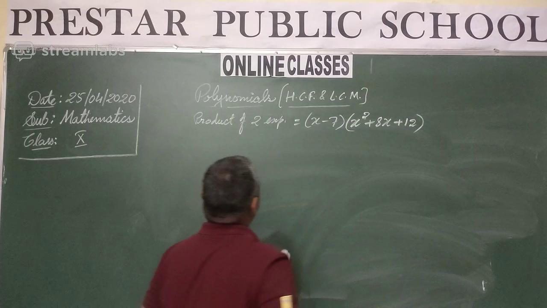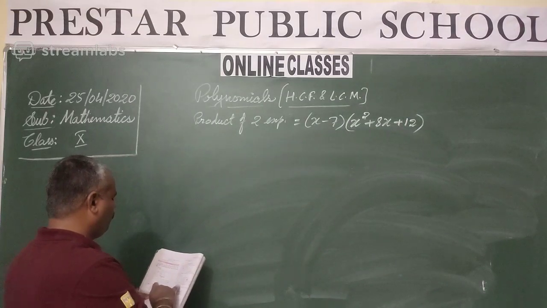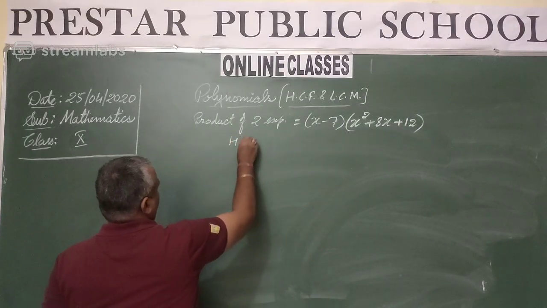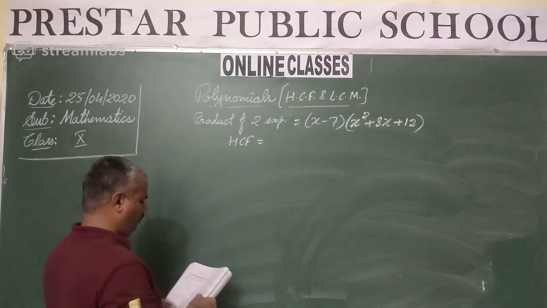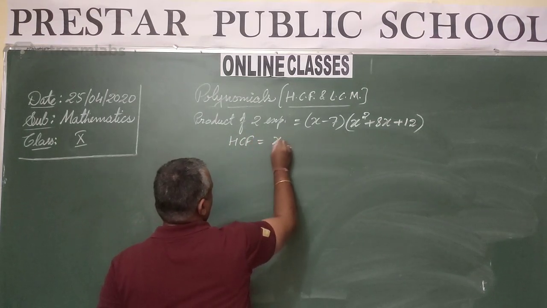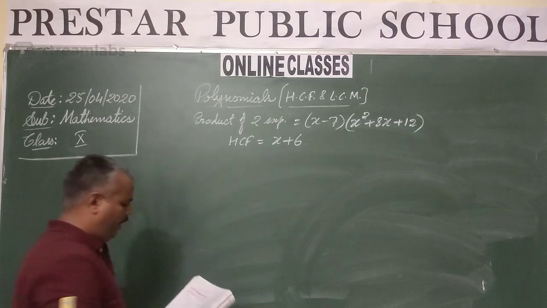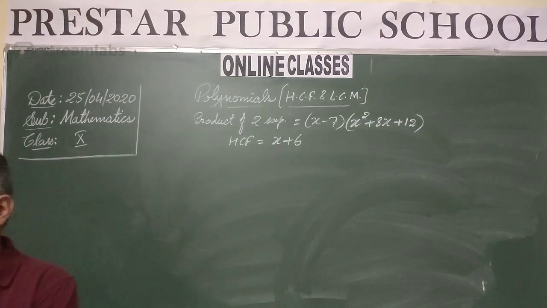This is the product of the two expressions given to you. You are also given the HCF, which is equal to x plus 6, and you need to find their LCM.